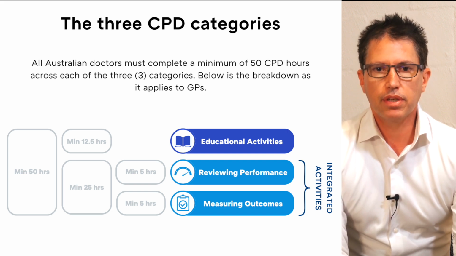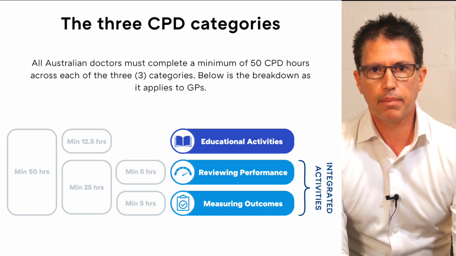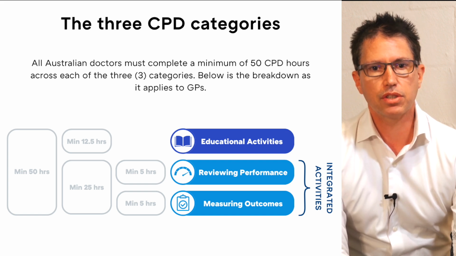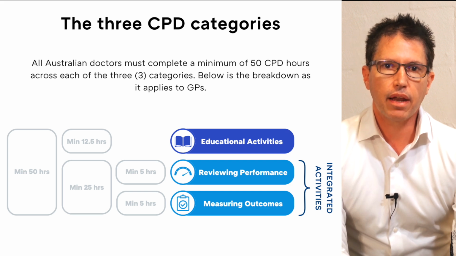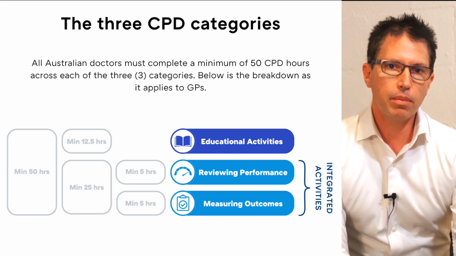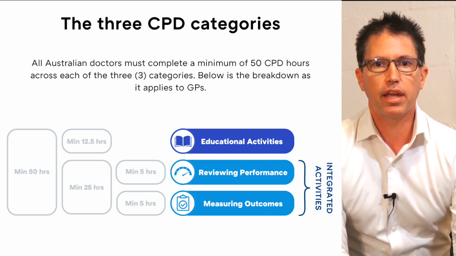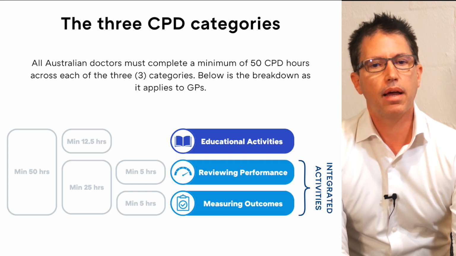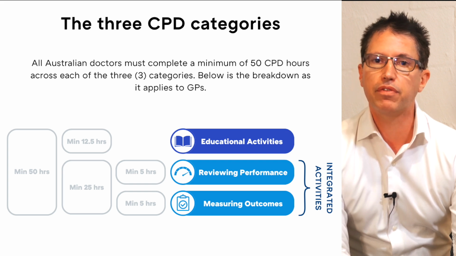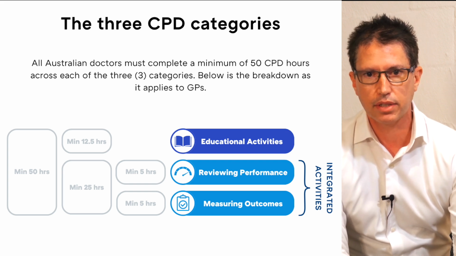The example that you can see here is that which has been set by the RACGP, which is the largest specialist college in Australia. They say that for a GP, they must complete a minimum of 12.5 hours of educational activities, a minimum of 5 hours of reviewing performance activities, and a minimum of 5 hours of measuring outcomes activities.